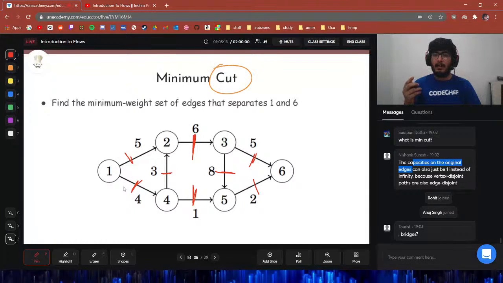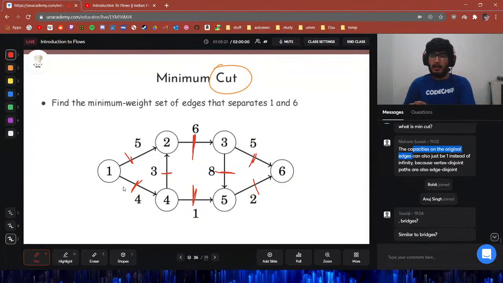Bridges, I think, are only one set of edges. Here I can include many edges, and I have a specific source node that I have to separate from the 6 node. Bridges are, I think, any edge that can make my graph disconnected. Here I'm specifically trying to separate 1 and 6.